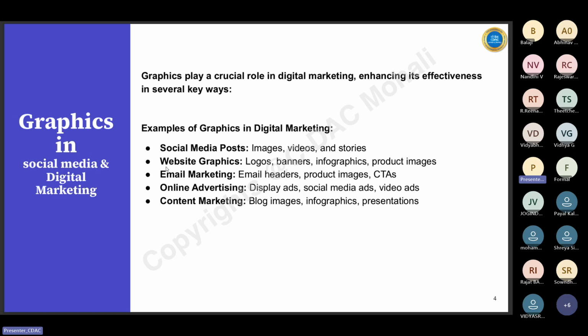In the elements we have logos, banners, infographics, product images, and so on. In email marketing, we have email headers, product images, and CTAs. To encourage the audience to interact with you, we use CTAs. In online advertisement, we have display ads, social media ads, video ads, and so on.